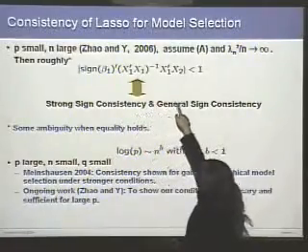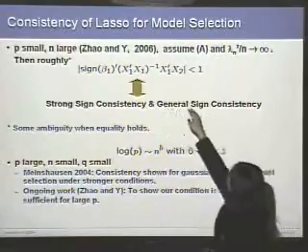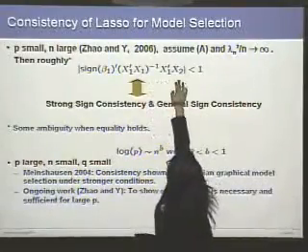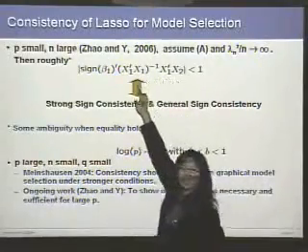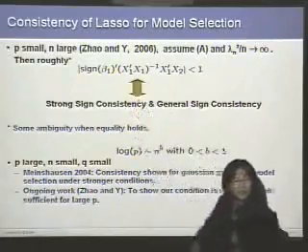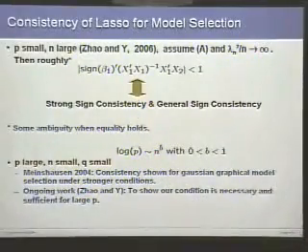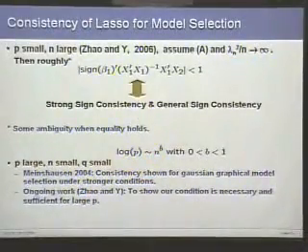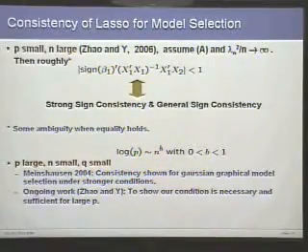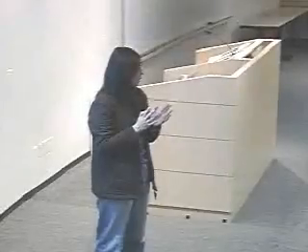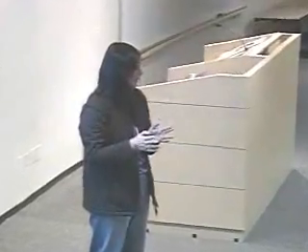You're basically asking that this, the regression coefficient of the irrelevant ones projected on the relevant ones, cannot be too big. In some sense, the irrelevant features cannot be too similar to the relevant ones. If they're too similar, you cannot tell them apart.